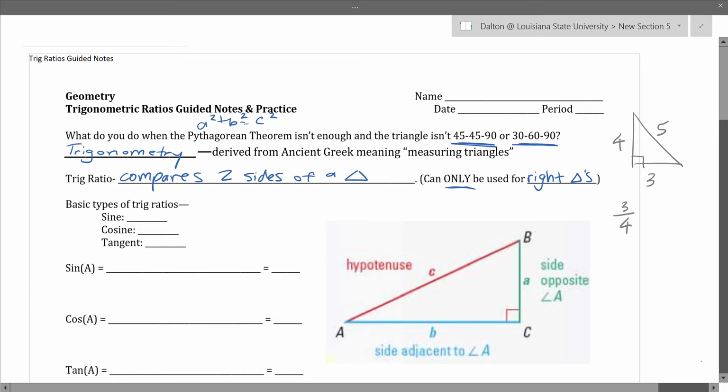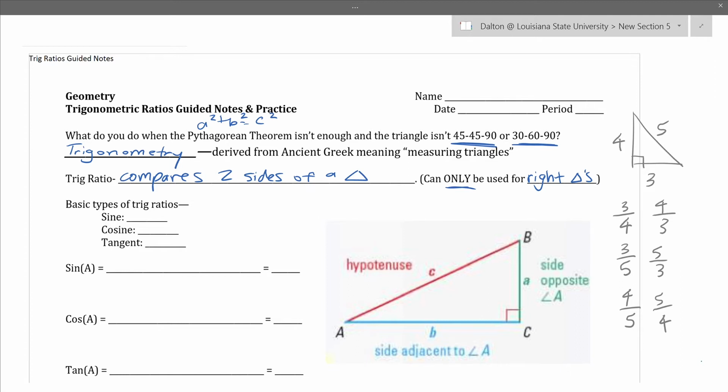You could also say 3 to 5 is another ratio, and 4 to 5 is another ratio. And then the reciprocals of these are different ratios that could work too. Instead of 3 to 4, we could write the ratio as 4 to 3, which is different. Those are two separate numbers. Even though they're comparing the same two numbers, they're in a different order, which is important. And then we could do 5 to 3 and 5 to 4. So the issue here is that if I ask you for a ratio comparing the sides of this triangle, there's 6 different options. And that's a lot to handle.